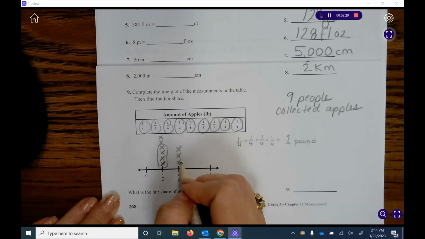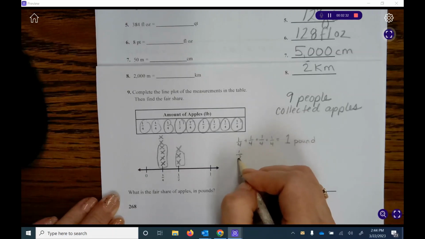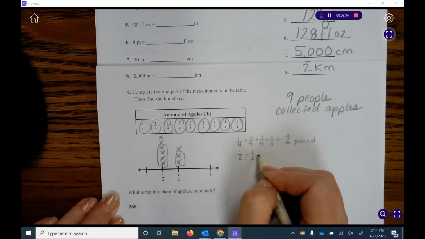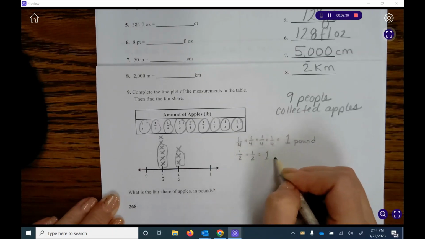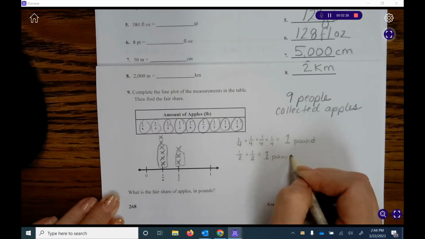Then here I have 1/2 and 1/2. 1/2 plus 1/2 equals 1 pound.